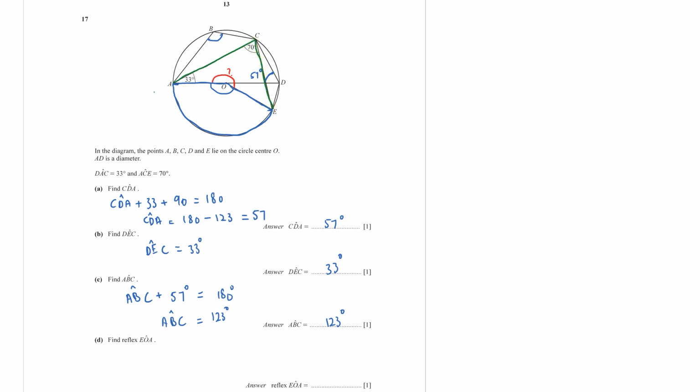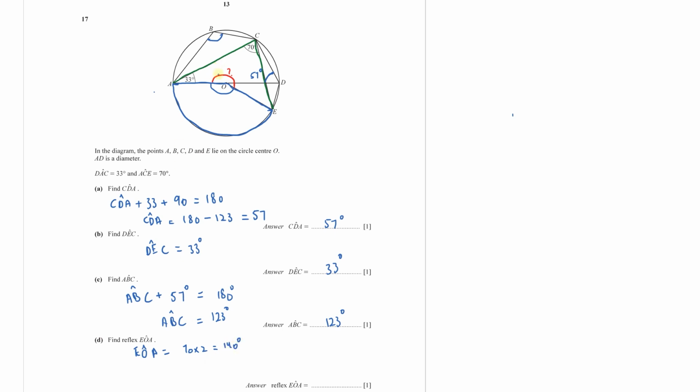So this angle AOE should be twice as much as angle ACE, because both angles are subtended by the same arc. One is at the center of the circle and the other one is on the circumference. The one at the center is twice the value of the angle at the circumference. So your angle EOA would be equal to 70 times 2, which is 140 degrees.